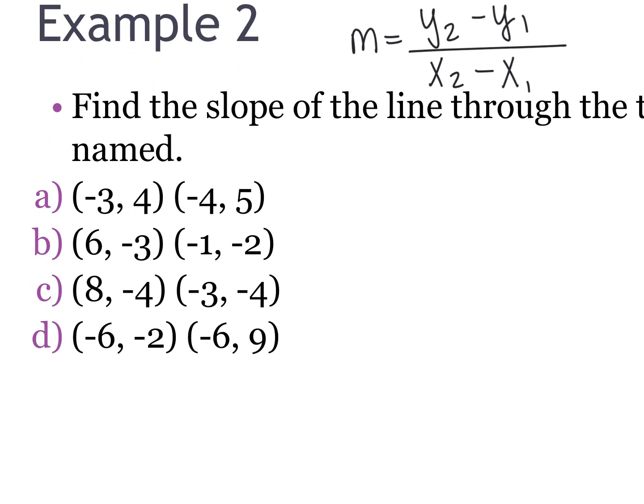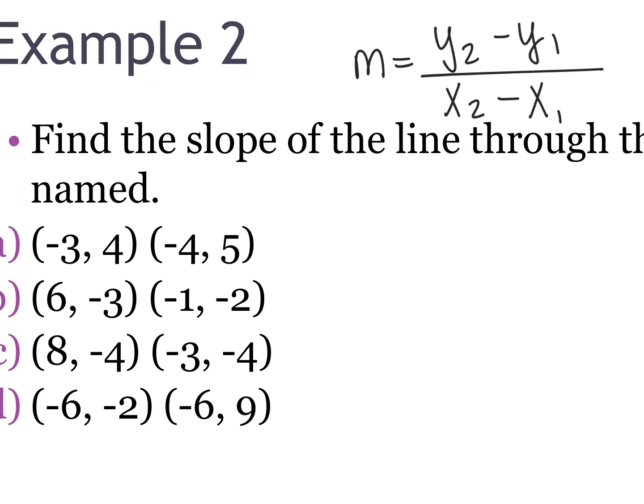So I'm going to zoom in so I can see it a little closer. Plugging stuff in, I have my y's right here and I have my x's. Now I just have to plug it in and solve it. So my y's, I'm going to have 5 minus 4 over negative 4 minus 3. What's 5 minus 4? 1 over, it should be minus negative 3.